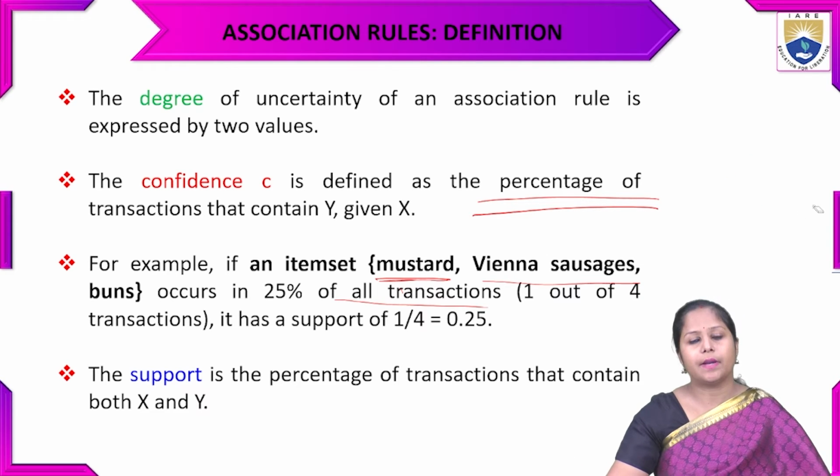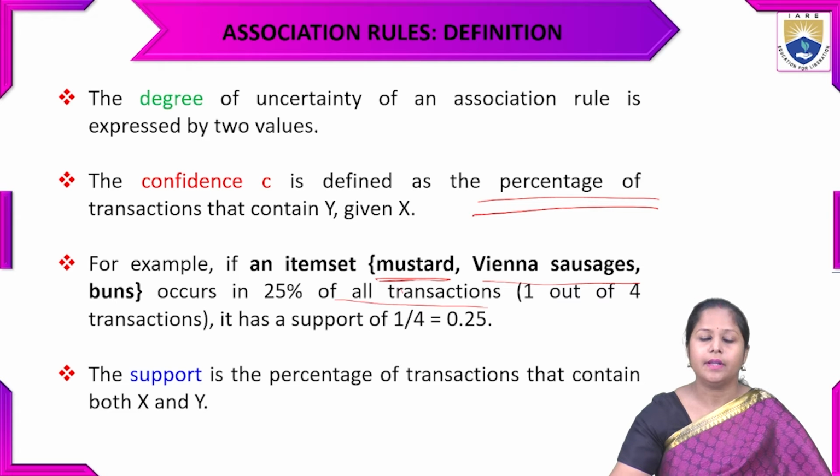So the support is the percentage of transactions that have both the X and Y sets of items in one transaction, that is, the percentage of both items occurring together.